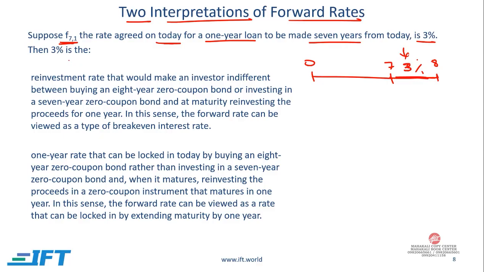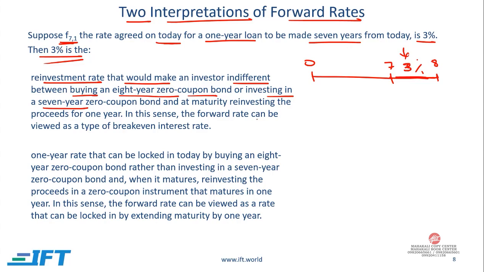One interpretation is that 3% is the reinvestment rate that would make an investor indifferent between buying an 8-year zero coupon bond or investing in a 7-year zero coupon bond and at maturity reinvesting the proceeds for 1 year.